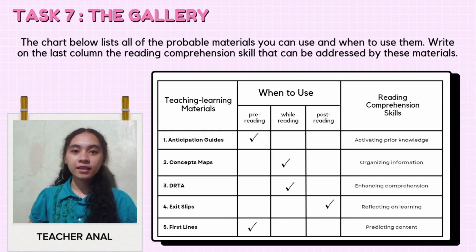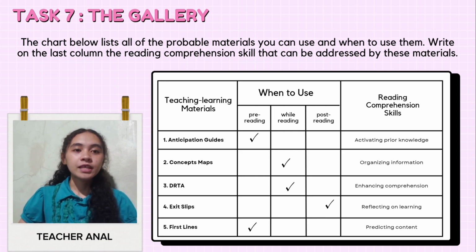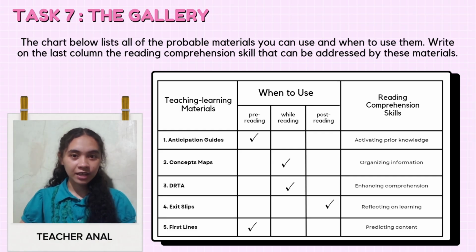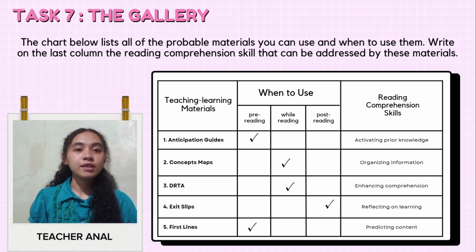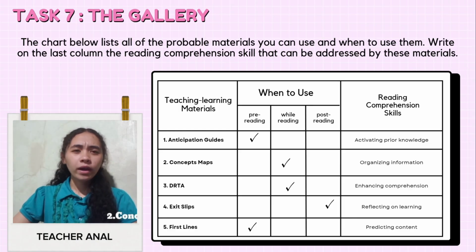The reading comprehension skill: activating prior knowledge. Anticipation guides are a fantastic way to engage students before they start reading. They prompt students to think about what they already know about the topic, which helps them connect new information to their existing knowledge. So, let's move on to number 2, Concept Map. When to use: while reading.